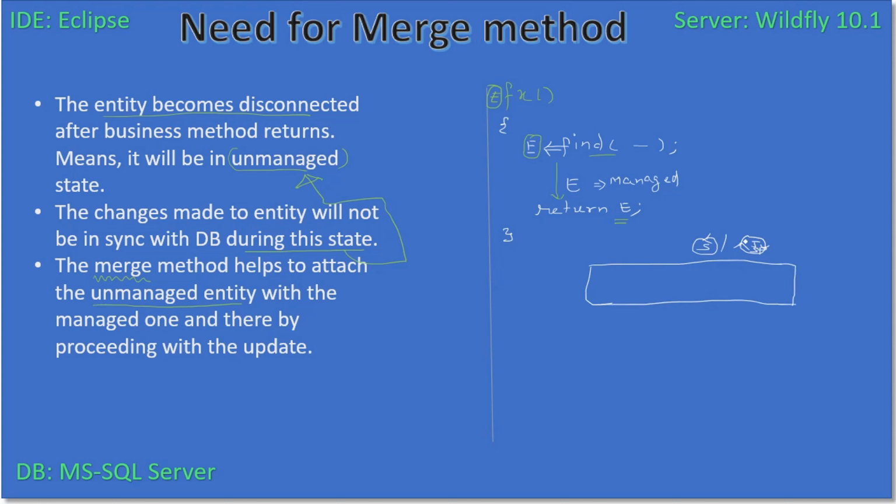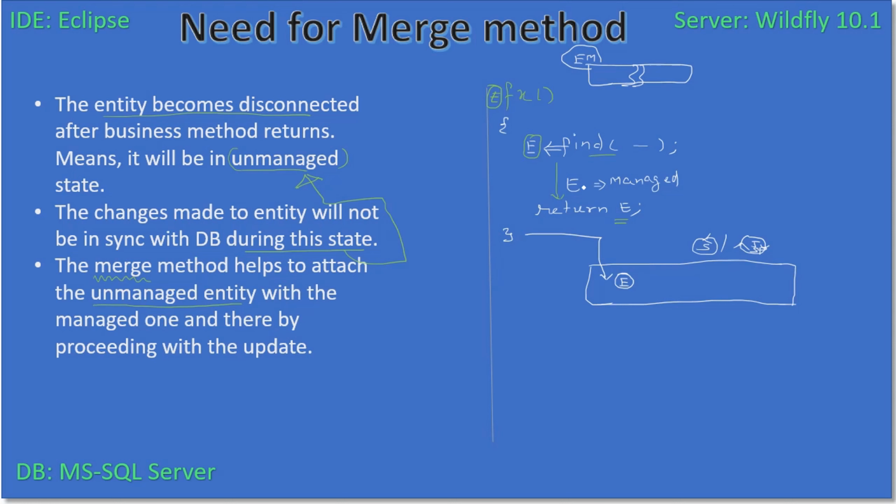Let's state that the caller may be a servlet or EJB, and the caller is making a call to this fx, and this is returning the object E. So the entity object E is managed in the bean method. This will be a bean which has a business method fx, and this bean is hooked with the entity manager.